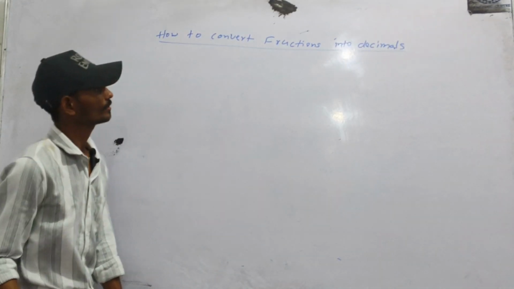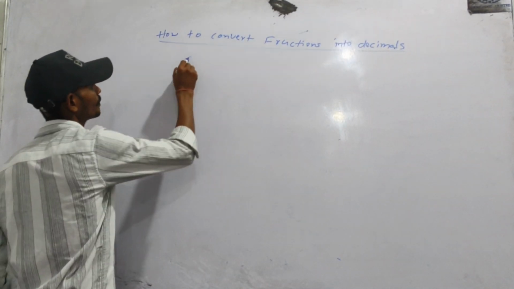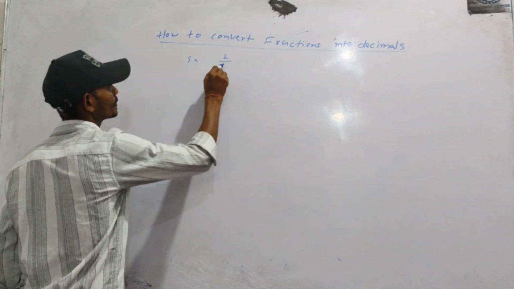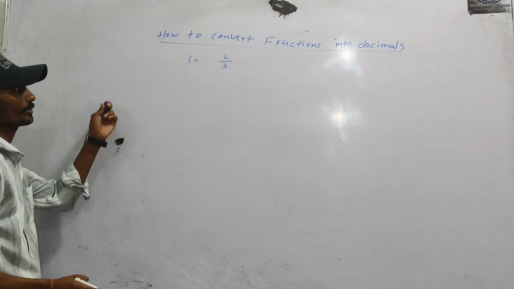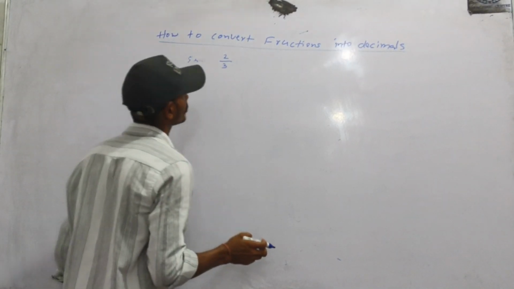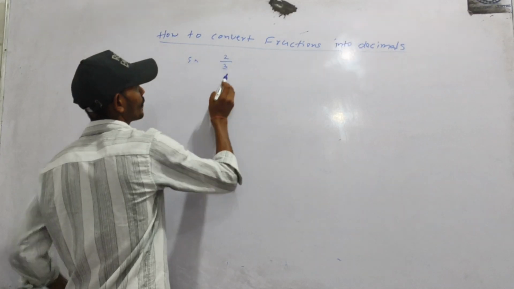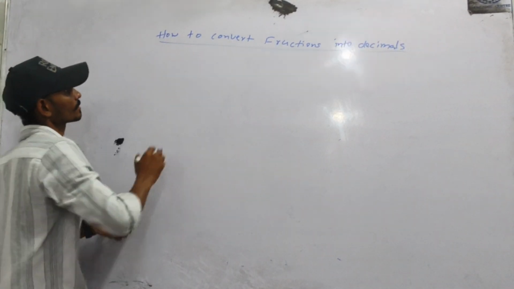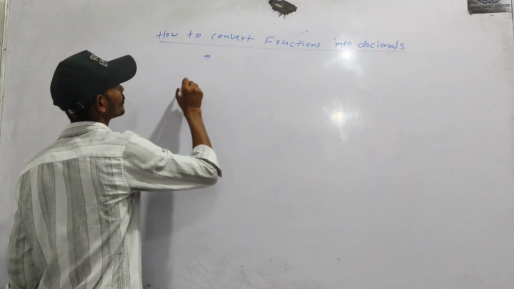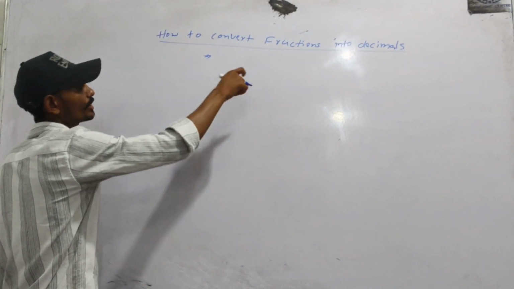For example, 2 by 3. 2 by 3 is one fraction, and that will be converted into decimals. Before that, you should understand how to convert a fraction into decimals.